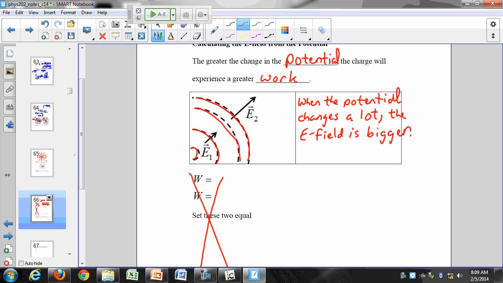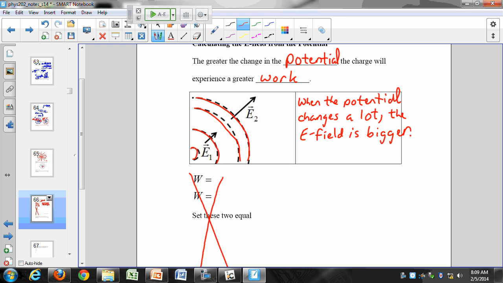Because if the potential changes a lot, that means that our energy is changing a lot, which means that we have big forces acting on it, compared to when the potential doesn't change a lot. Does that sort of intuitively make sense? When the potential changes a lot, that is, the energy of the object changes a lot, your electric field is big. Whereas if it doesn't change that much, your electric field is small.